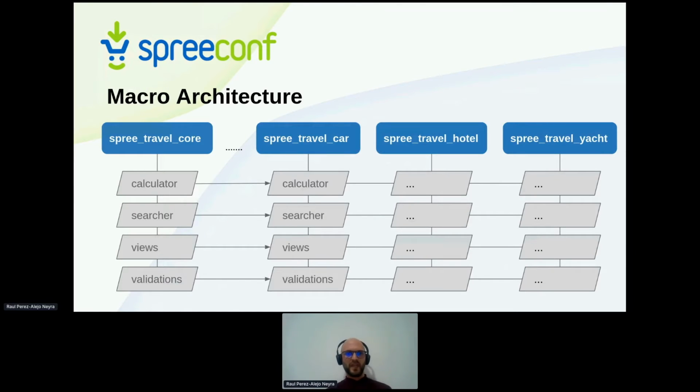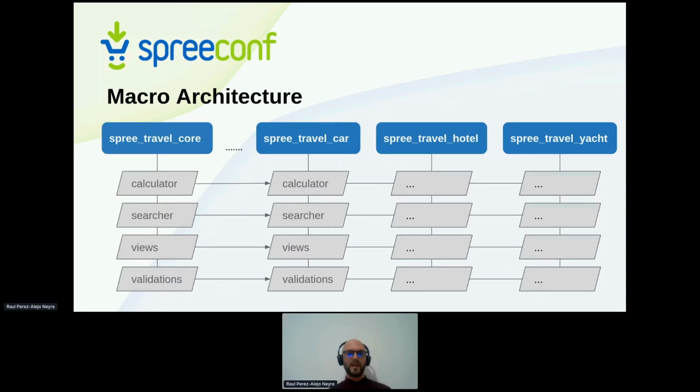So this is the picture of the macro architecture. There is a Spree Travel core, which defines the templates of the main classes. And then each product type will be in a separate gem, implementing the specificity of its implementation.